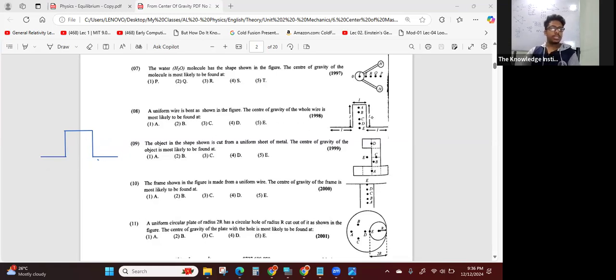So the shape should be like this, but I think they have mistakenly drawn this, a typing mistake. So in A, B, C, D will be like that.